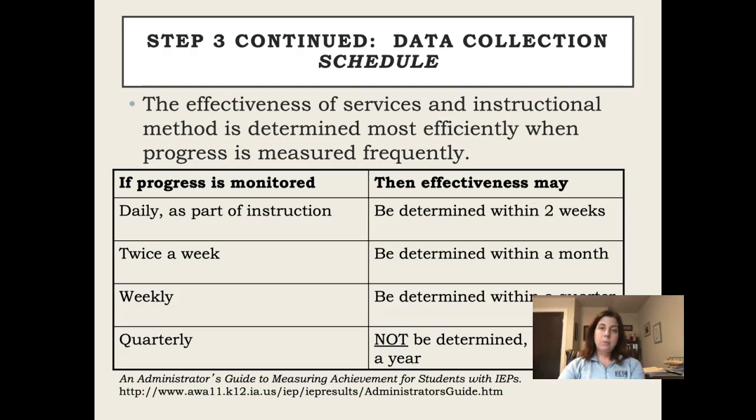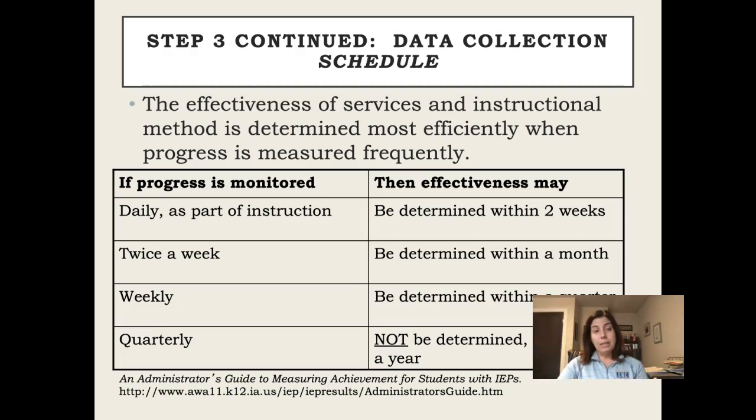And again, we're talking about, as part of step 3, the data collection schedule. So if your progress is monitored on a more regular basis, like daily, then you're able to look at the effectiveness of that particular goal and service on a more regular basis as well. So if you're monitoring that daily, then you can figure out maybe if something is more effective, maybe on an every 2-week basis.